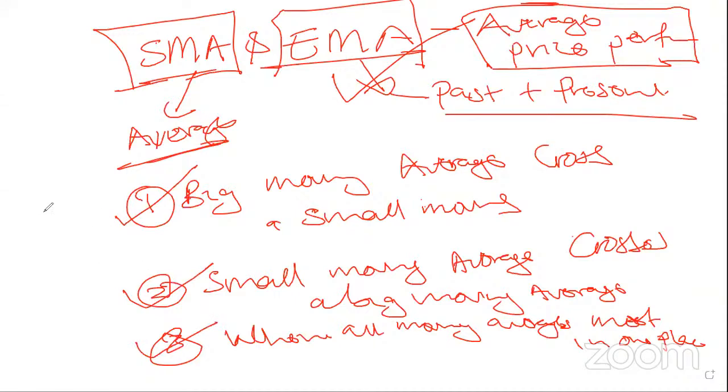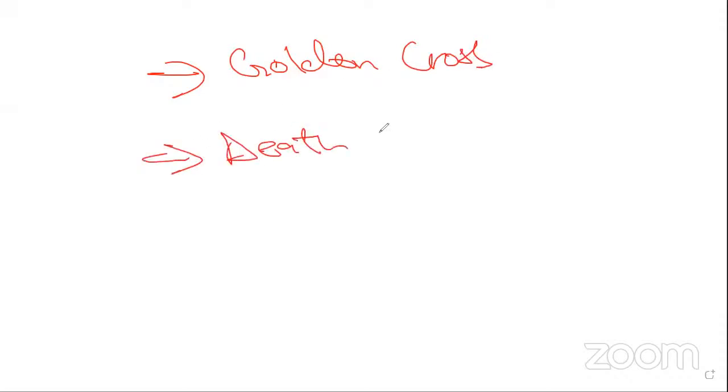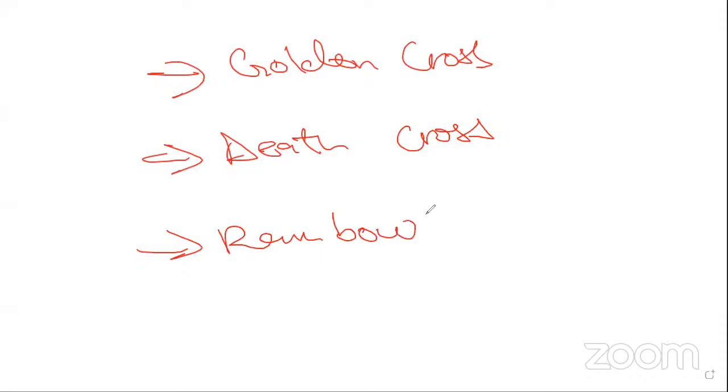And you'll find that when we look at these three scenarios, we want to talk about a golden cross, a death cross, and the formation of a rainbow formation.